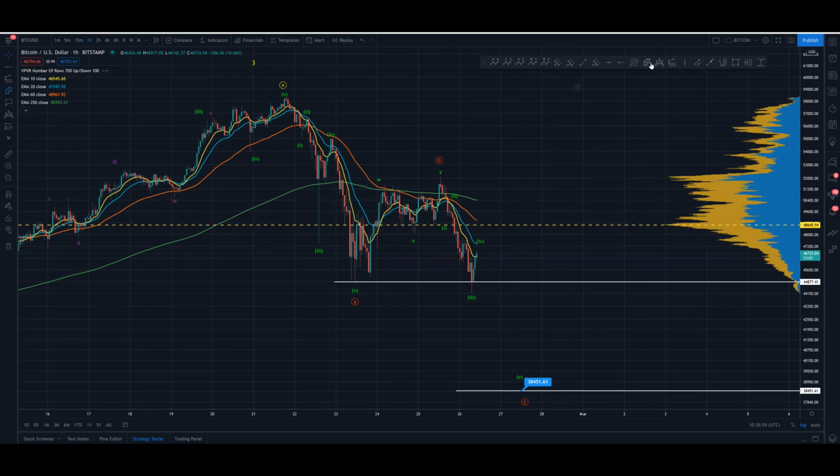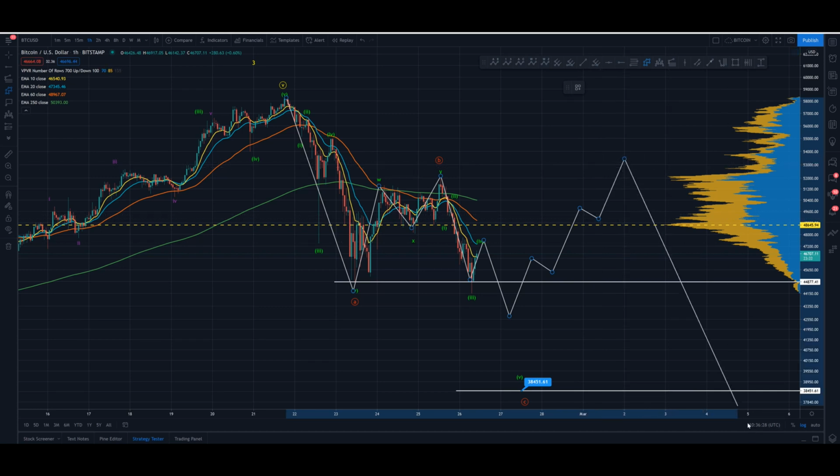Unless the correction, the B wave, isn't complete. That's the only other way of looking at it. So we've gone A, B, C, A, B, C, B, and then 1, 2, 3, 4, 5 into C, and then a move down.